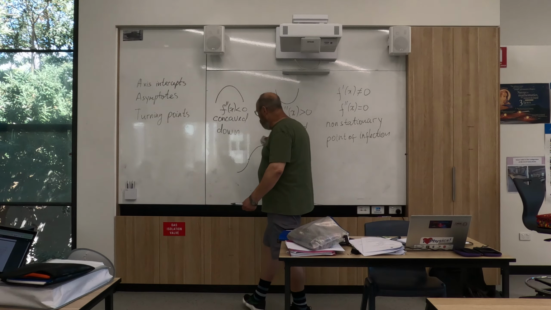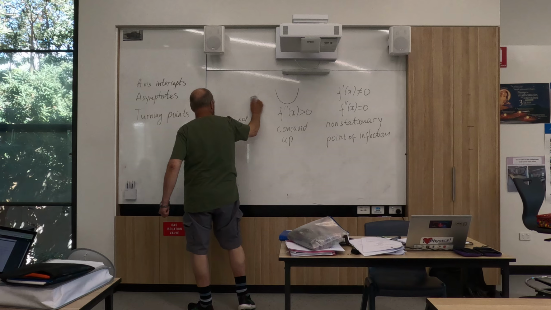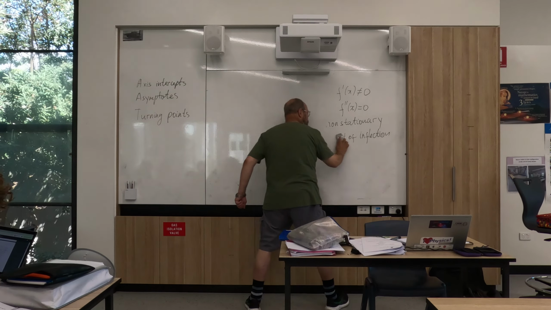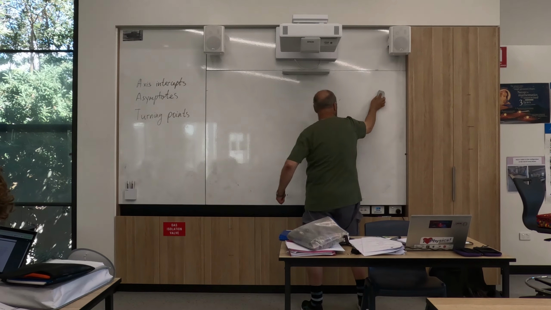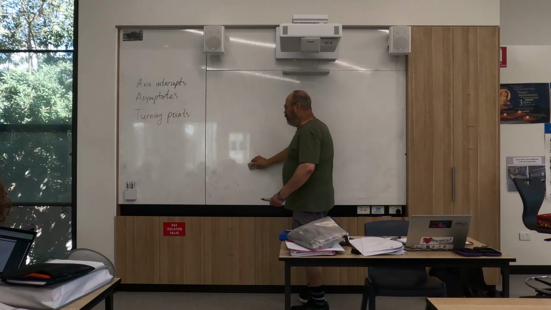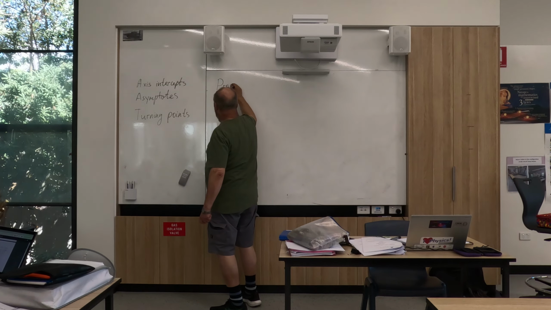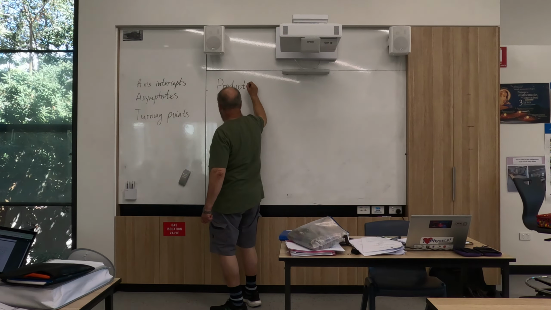To find stationary points, we need to differentiate the function. Here are a couple of rules you might have learned and might not yet. Product rule for differentiation.